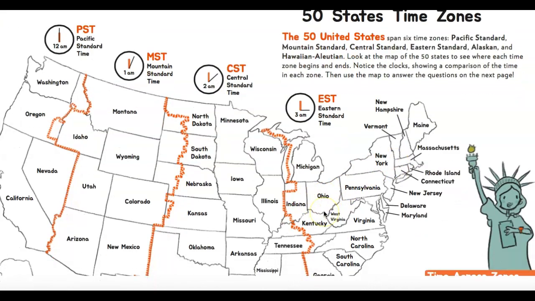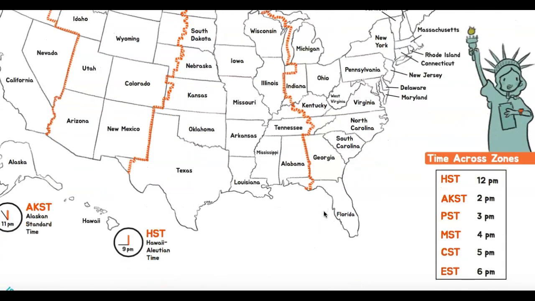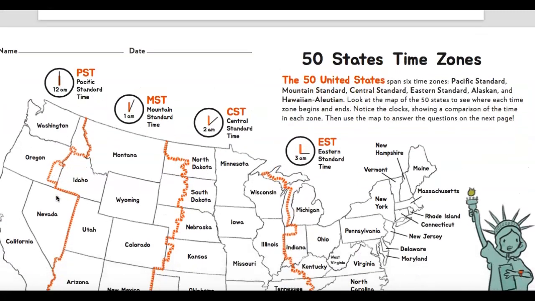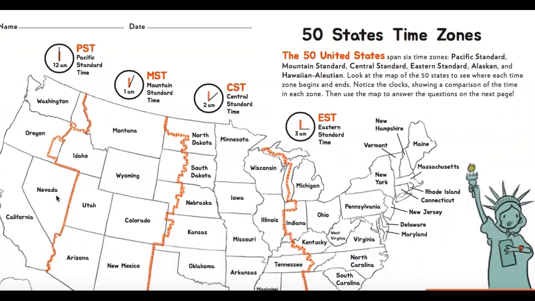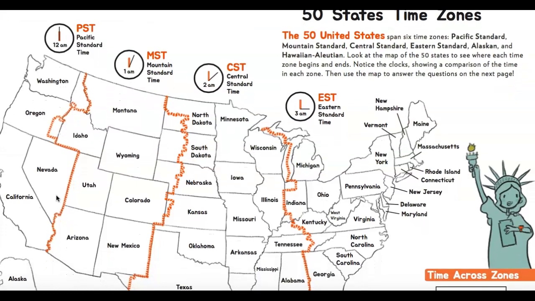Alaskan and Hawaiian Aleutian, here's Alaskan and here's Hawaiian. It says, look at the map of the 50 states to see where each time zone begins and ends. Notice the clocks, showing a comparison of the time in each zone. Then use the map to answer the questions on the next page.